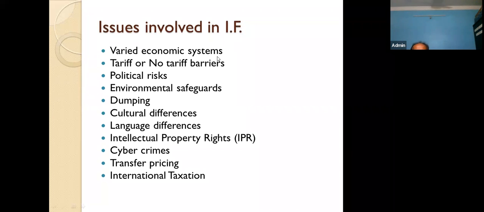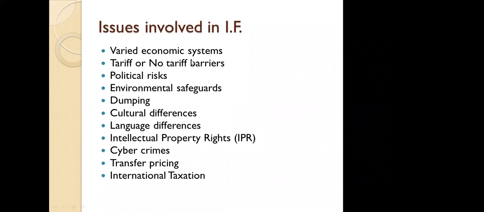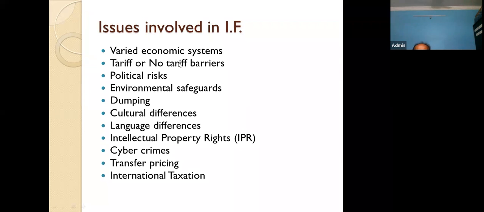In the case of India, we follow a mixed economic system. In regard to China, their economic system is totally different. So in the international scenario, every country has a different economic system. Some have a mixed economic system, some have a monopoly, and because of these different economic systems, accordingly they develop their own strategies and systems, and along with that they enter into international finance.